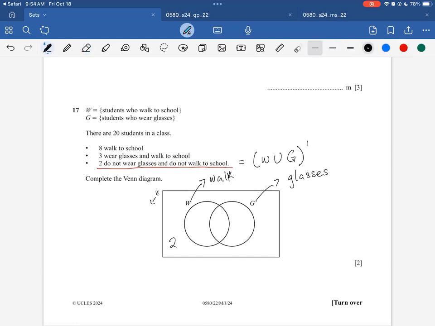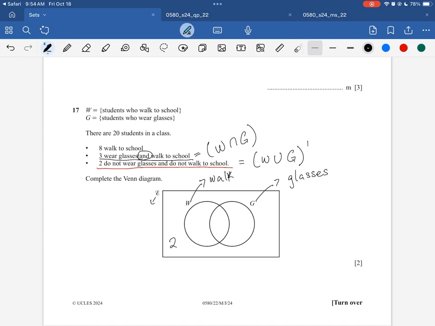Now it says here that 3 wear glasses and walk to school. In this case they do both, right? So if you want to write this in set notation, you say W intersect G. So people who walk and wear glasses, they do both of them.